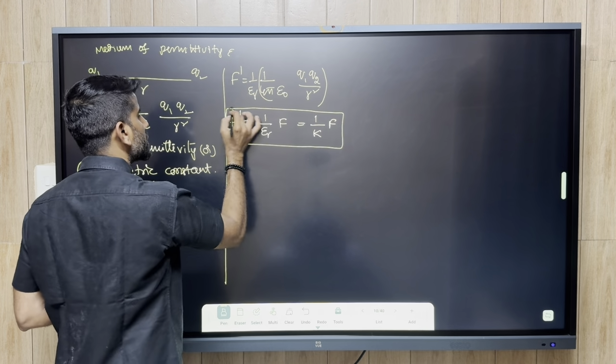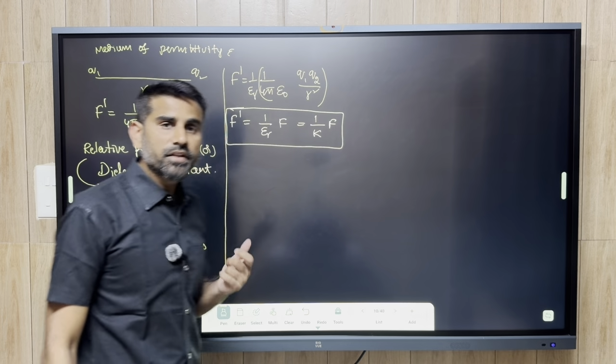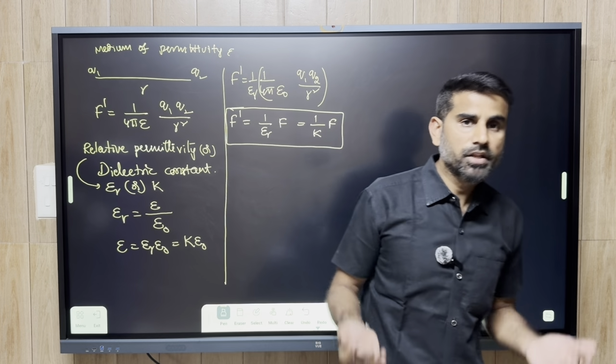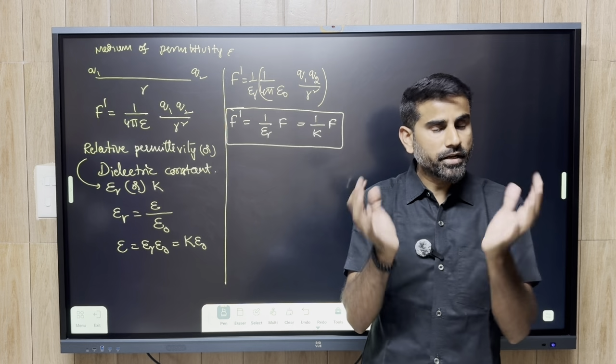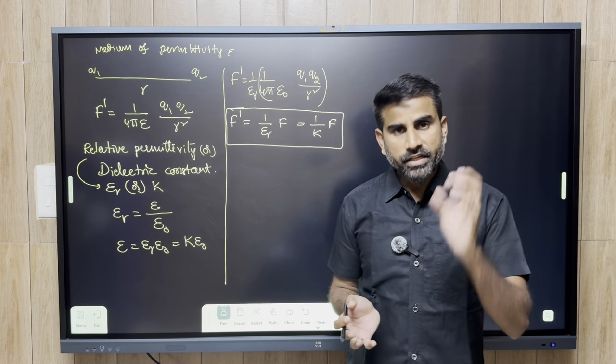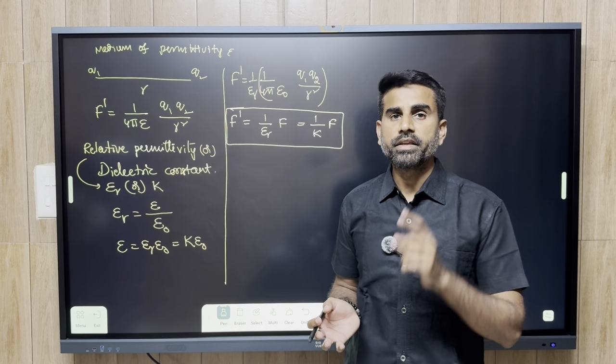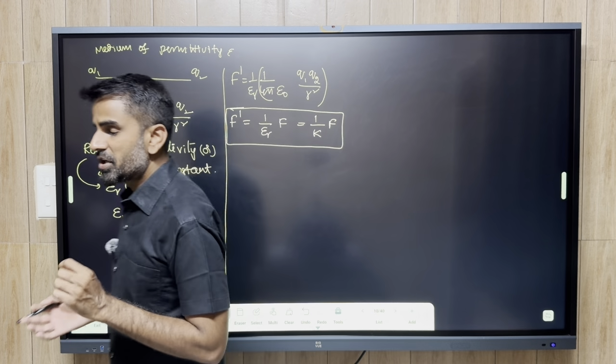So what I have noticed here is when we take the charges to some other medium of dielectric constant k or epsilon r, then the electric force between the charges decreases by 1 by k times. I am repeating the statement again.